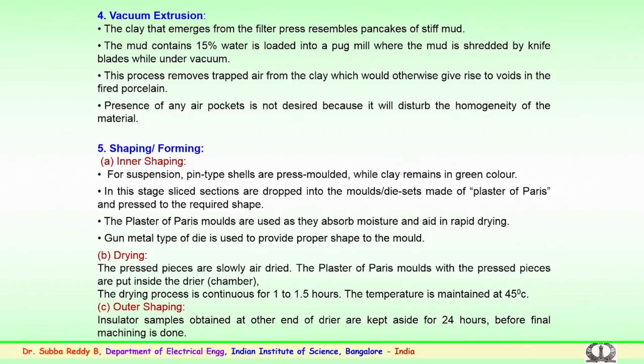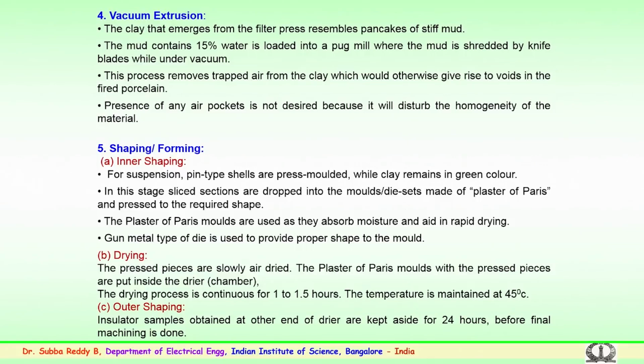Further it goes for drying, where the pressed pieces of the inner shape are slowly air dried, and the plaster of Paris molds with pressed pieces are put inside the dryer chamber, so that the mold with its contents gets dried over a period of time. This drying process is continuous. It could be for 1 to 1.5 hours, and during drying the temperature is maintained at around 45 degrees continuously.